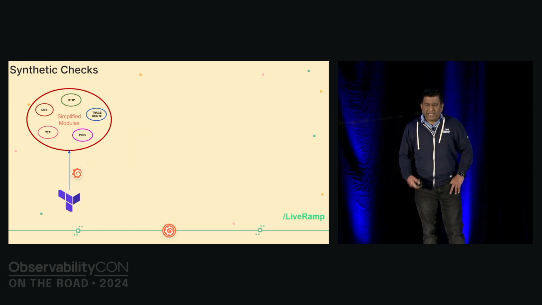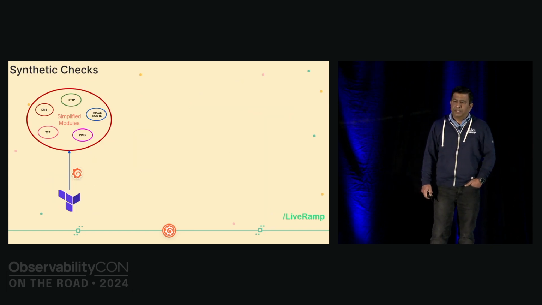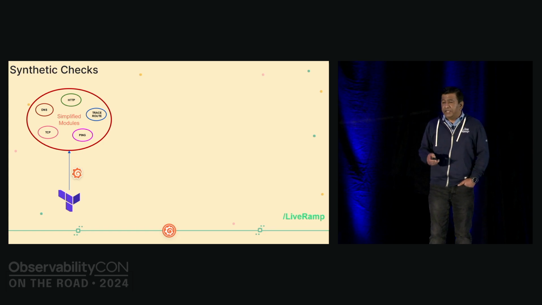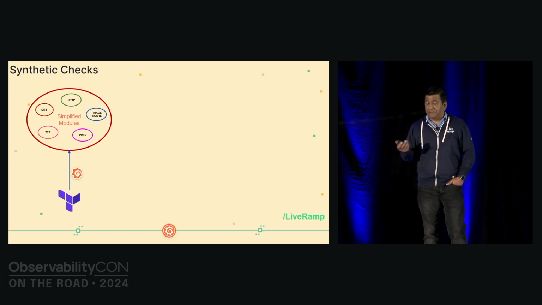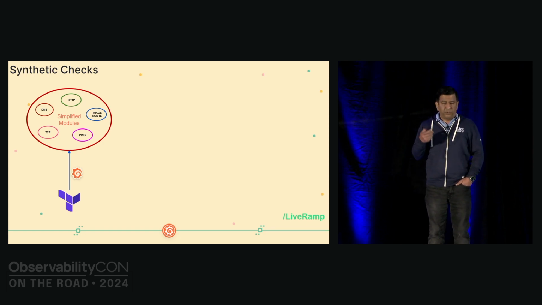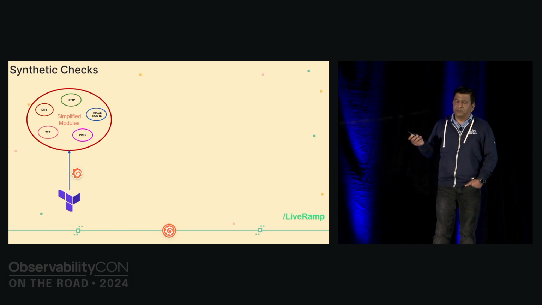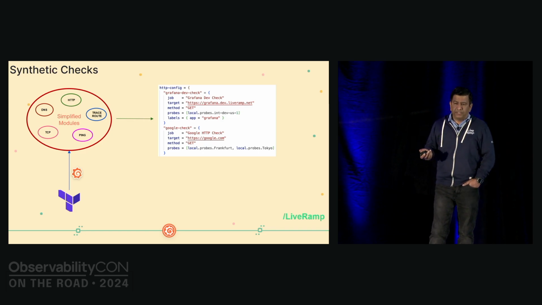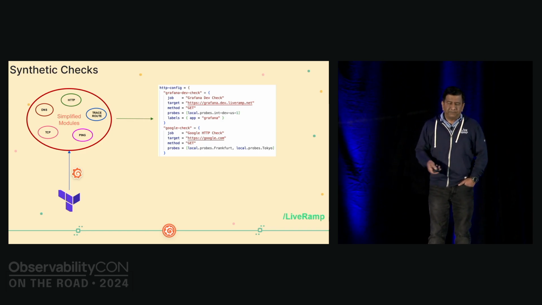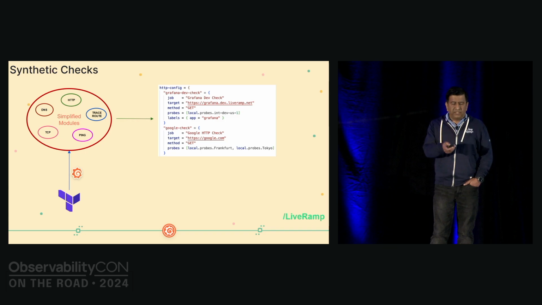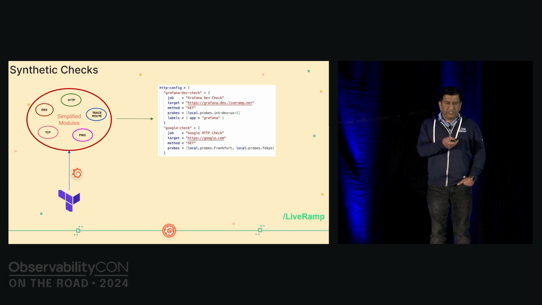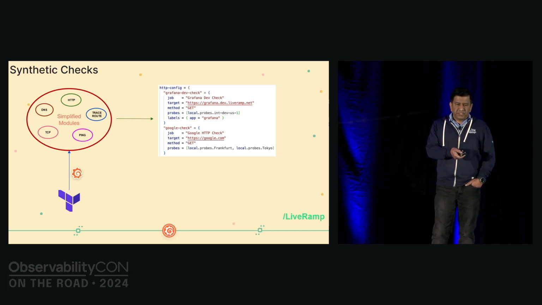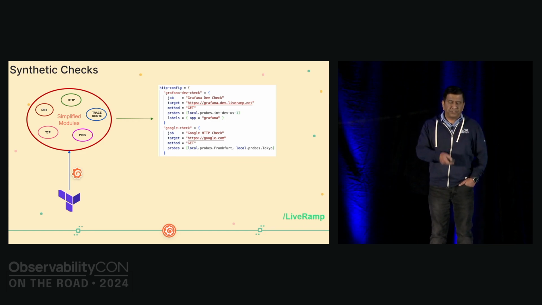So let's see what we have done to overcome these challenges and to make life easier for our engineering team, so that they don't have to code a lot or know a lot of components. Grafana has really good Terraform support for synthetic monitoring. So what we have done is created modules for synthetic checks, which use the Grafana-based Terraform modules.